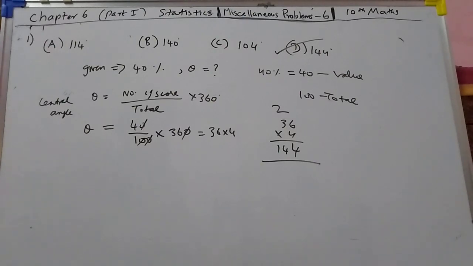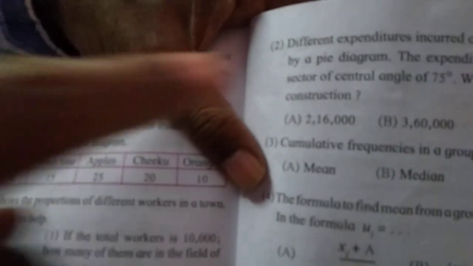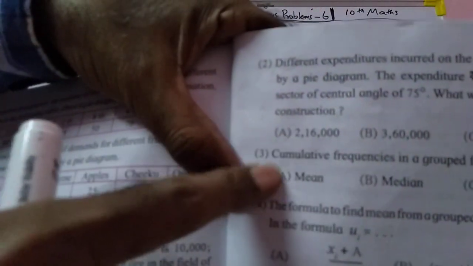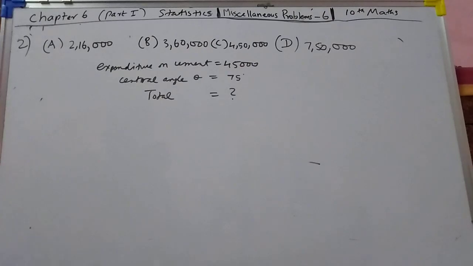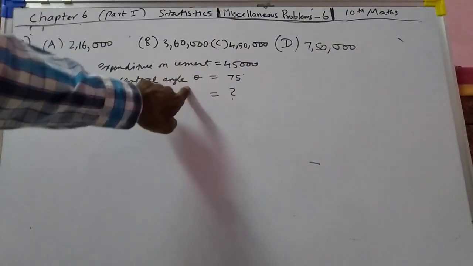Okay, now let's do the next one. Second problem. We have to find the total. Cement expenditure is 45,000 and the central angle is given.